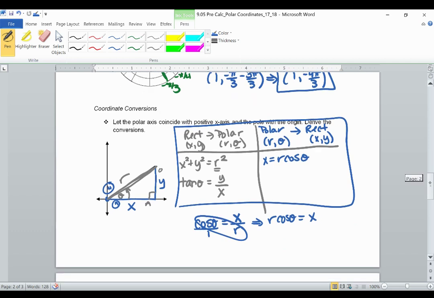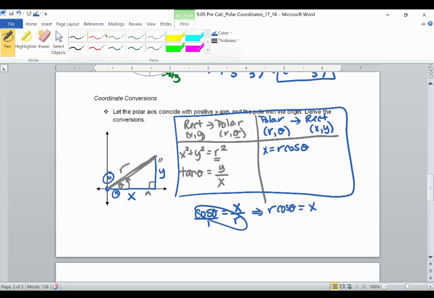And then you could do the same thing for y, except when we do y, that's our opposite side and our hypotenuse, so we would use sine. So sine theta equals opposite, which is y, over hypotenuse. Cross multiply, we get r sine theta equals y, or y equals r sine theta.